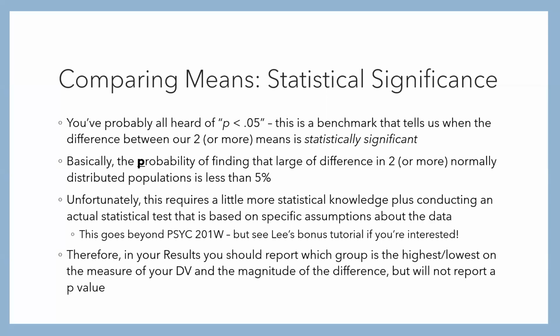Therefore, all this goes to say that in your own results section, you should merely report which group is the highest and lowest on the measure of your dependent variable and the magnitude of that difference, e.g. was the difference 2 points on the scale, 10 points, etc. But you will not be reporting a p-value for this class.